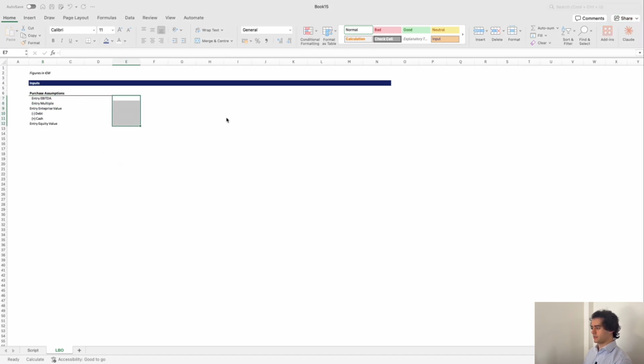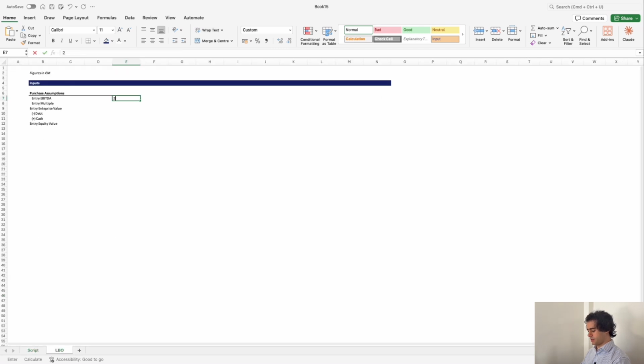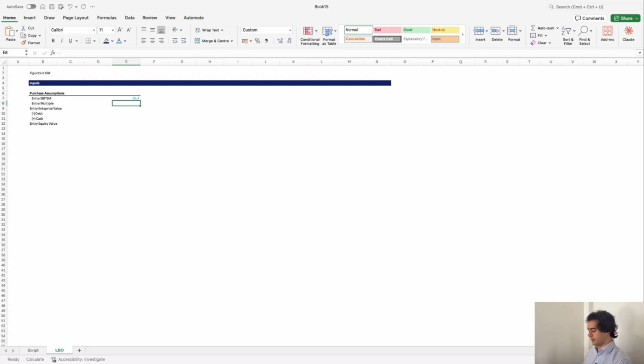Let's format these numbers. Okay, so we have an entry EBITDA of 26.4, which is an input, so we will color it blue so that it is understandable that it's an input.